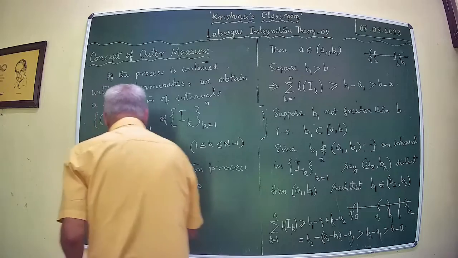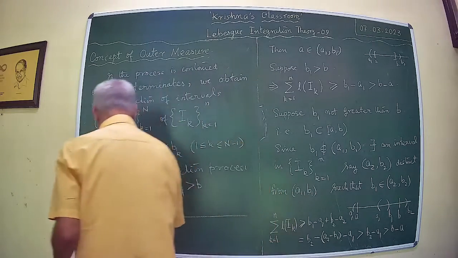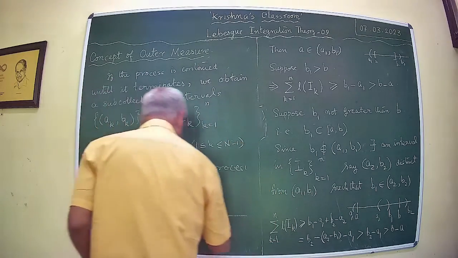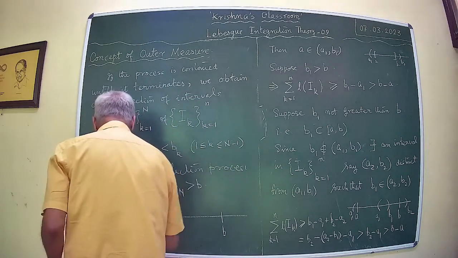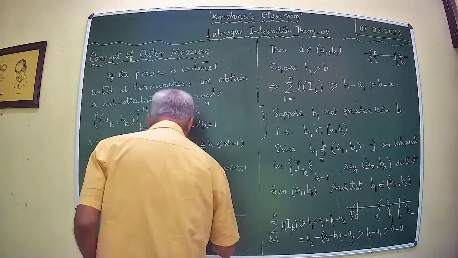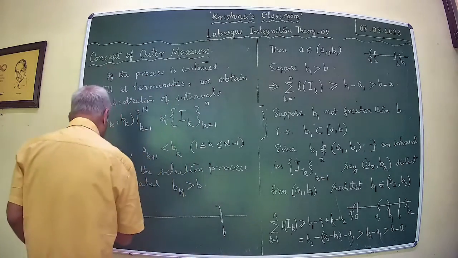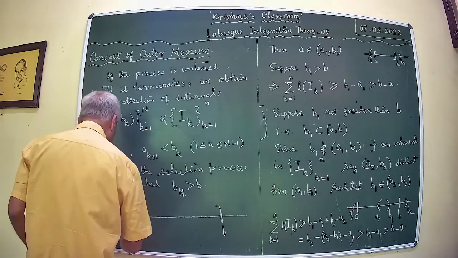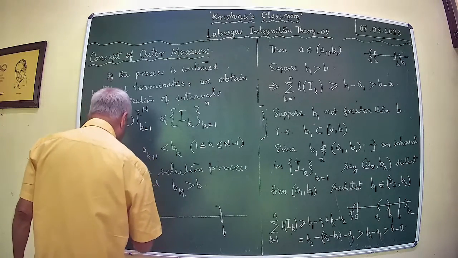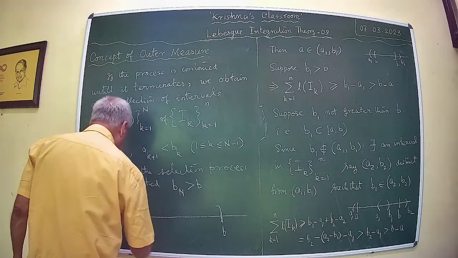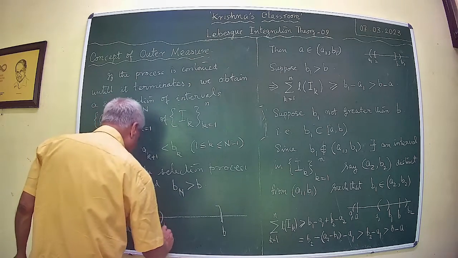See, what is happening is this. This is A, this is B. We are working on this. Now you see, you have got A1, B1. Now what you have is A2, B2.